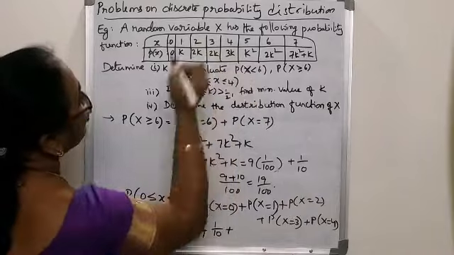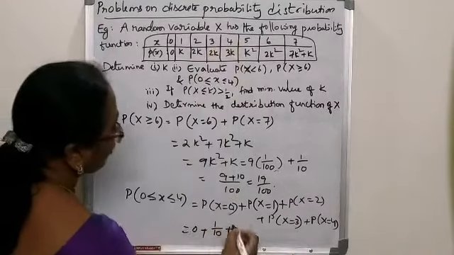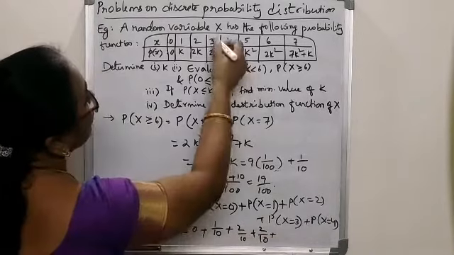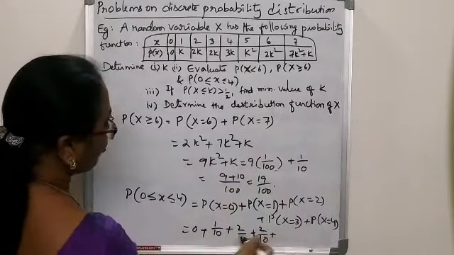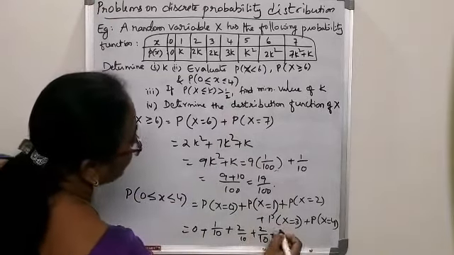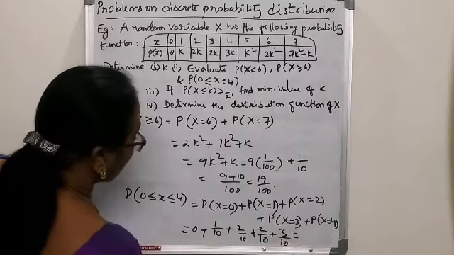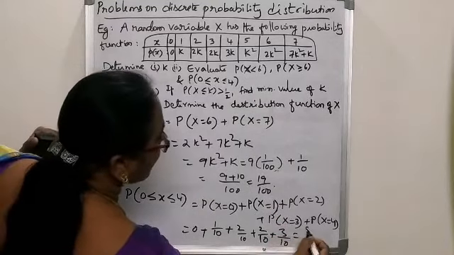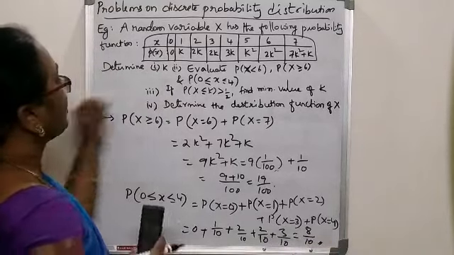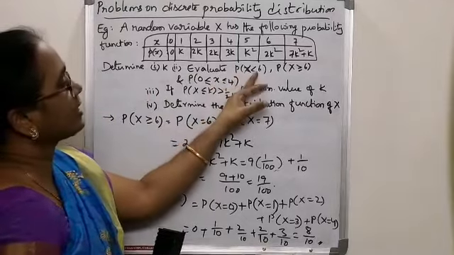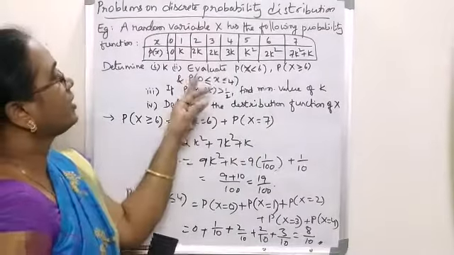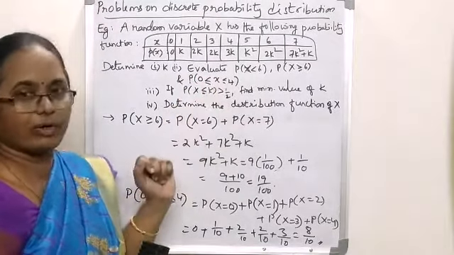For P of x equal to 2 and 3 we have 2k, 2k, so both are 2 by 10. P of x equal to 4 is 3k, it is 3 by 10. So in total we get 3 plus 5, 8 by 10. This is the answer for the second bit: P of x less than 6, P of x greater than or equal to 6, and P of 0 less than or equal to x less than or equal to 4.